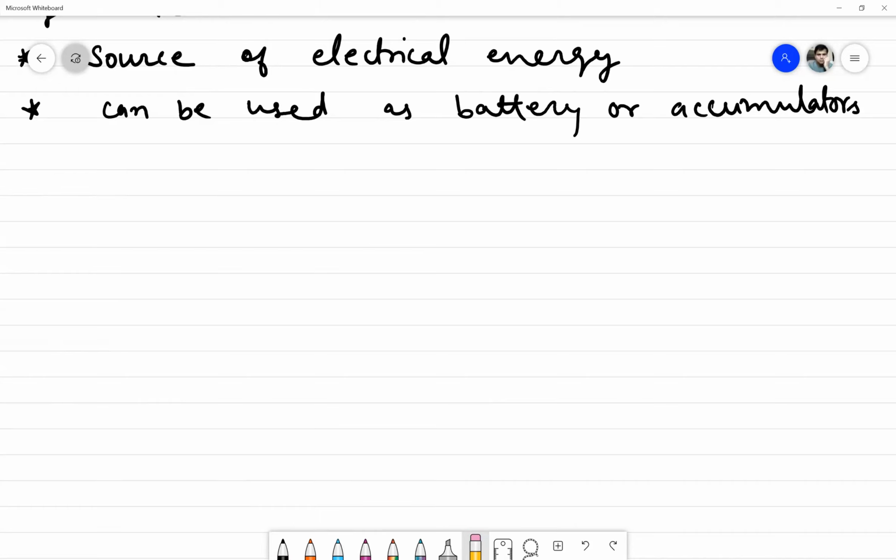You are very familiar with the Daniell cell, which is a galvanic cell, or all kinds of secondary cells, lead acid batteries, lithium cells, lithium ion batteries. All these are examples of galvanic cells. Okay, now let's see the main components of a galvanic cell.